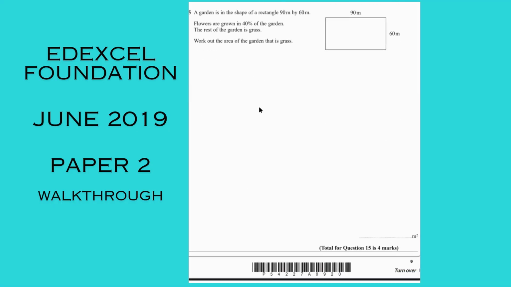Question 15, a garden in the shape of a rectangle. So you've got the measurements, they say the keyword area, get multiplying, get the first mark earned.